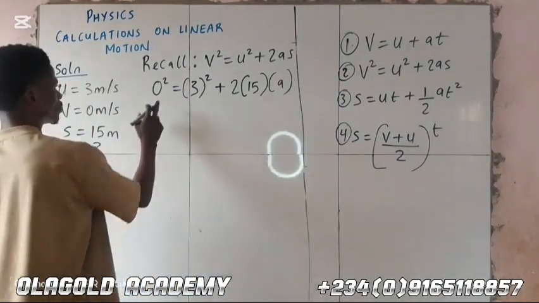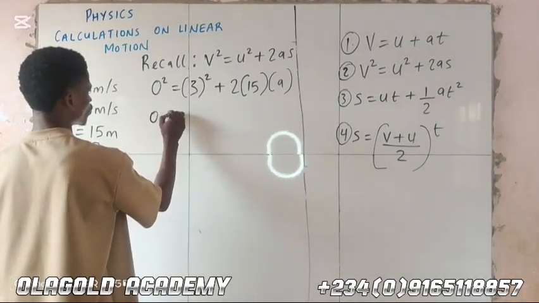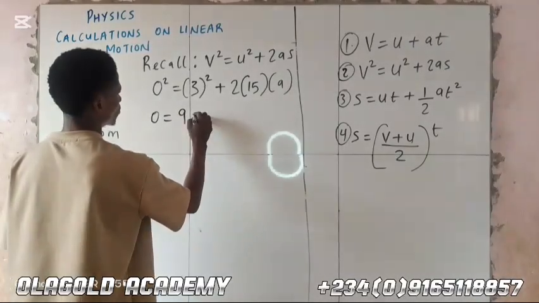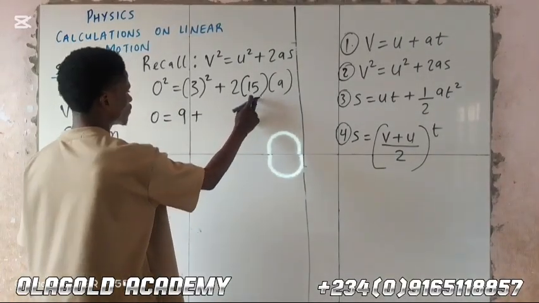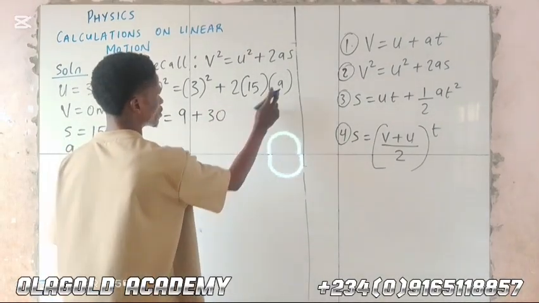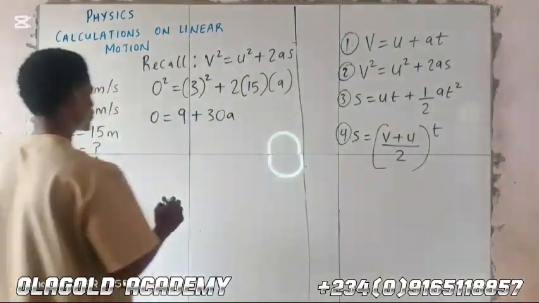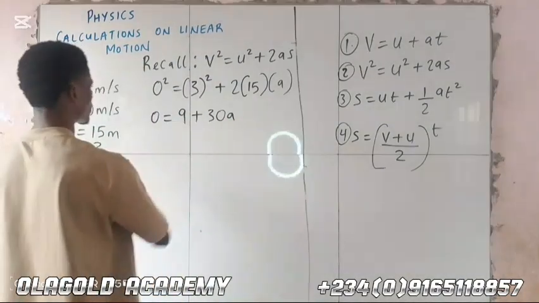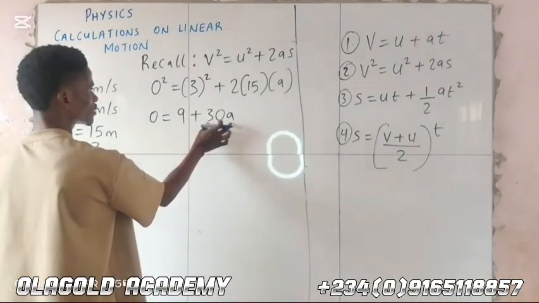So let's continue. 0 squared is 0 equals 3 squared, which is 3 times 3, which is 9, plus 2 times 15, which is 30, and we have a. From here, my next step is to collect like terms. So I'm bringing 30a to this side.